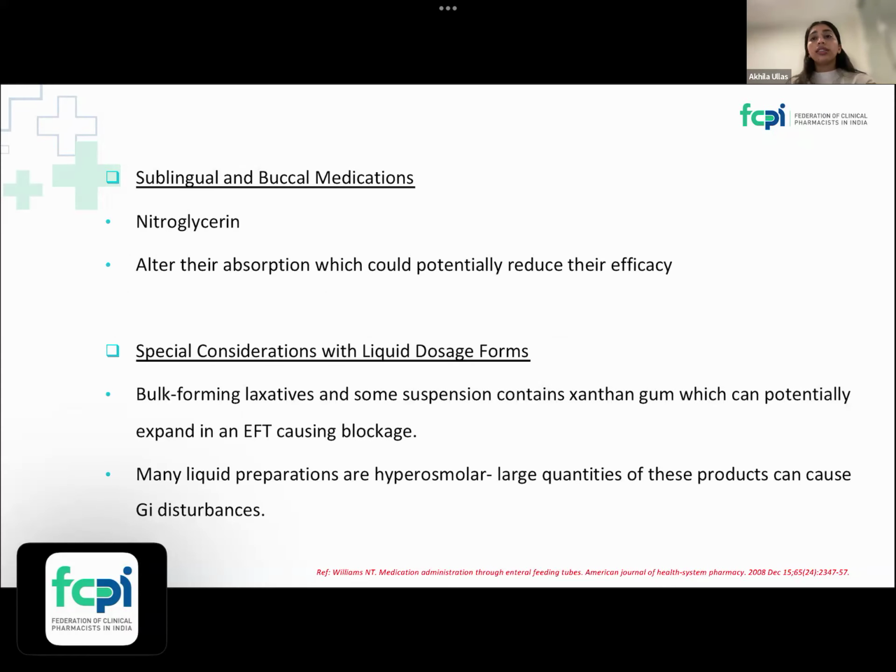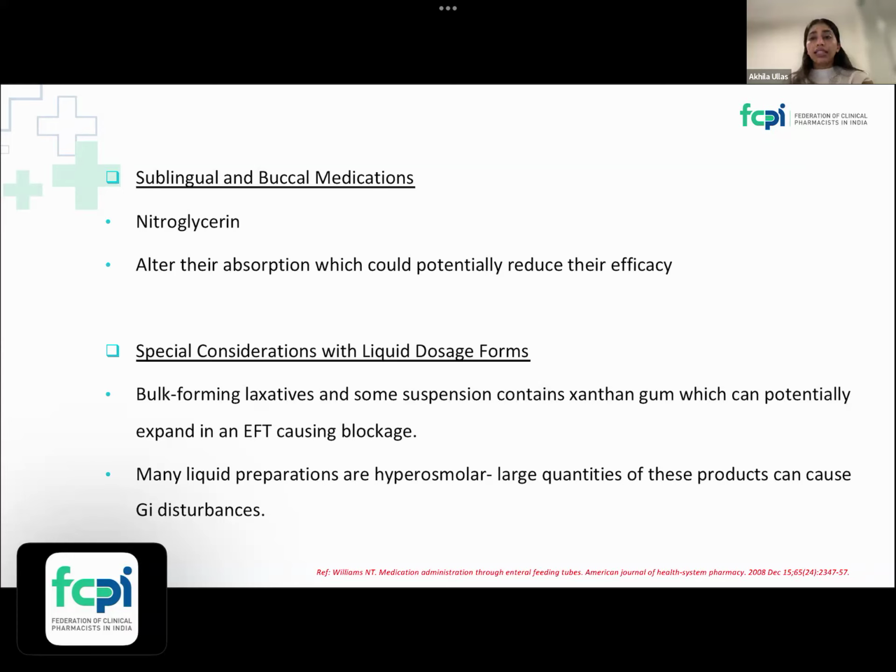Looking at sublingual and buccal medications like nitroglycerin, these are available as sublingual forms. These also alter the absorption, which could potentially reduce the efficacy. And special considerations with liquid dosage forms. If you are not able to give tablets, we will switch to oral formulations like syrup, lozenges, suspensions, or emulsions.